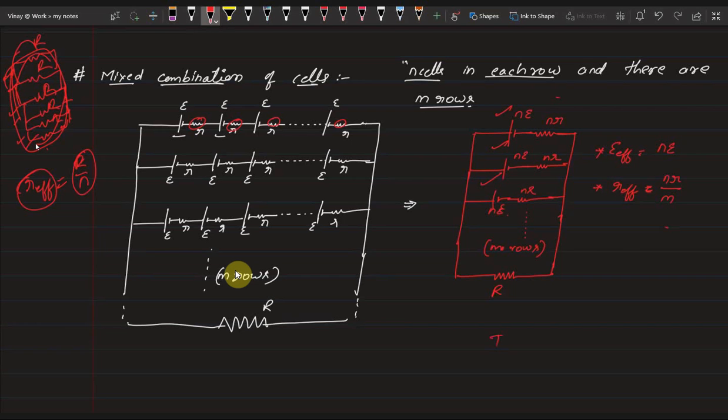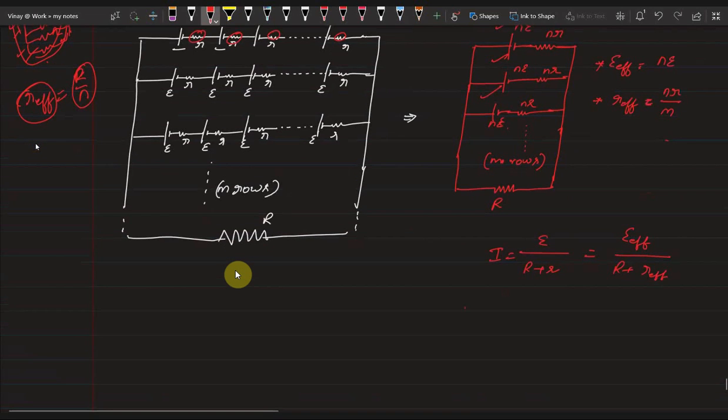Then we know that current I is equal to E by capital R plus small r. That can also be taken as E effective by R plus small r effective. Now tell me what is the E effective value. E effective is nE divided by R plus small r effective, which is nr by m.